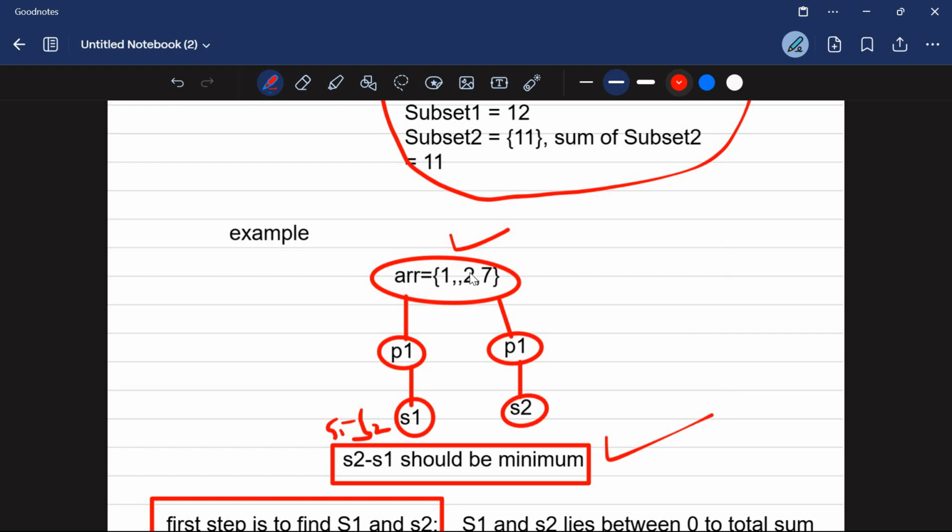In this example, say I have 7 in S1 on one side, and on the other side I have 3. So 7 minus 3 is 4. The output should be 4. Maybe you consider that I have only 1 here, and 7 plus 2 is 9 on the other side. 9 minus 1 is equal to 8.